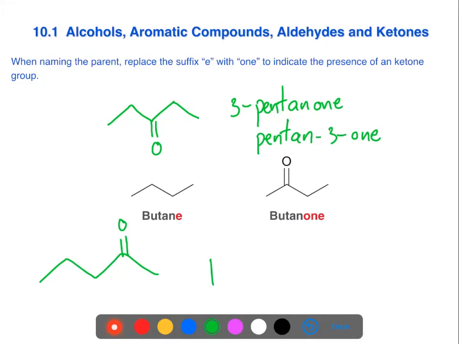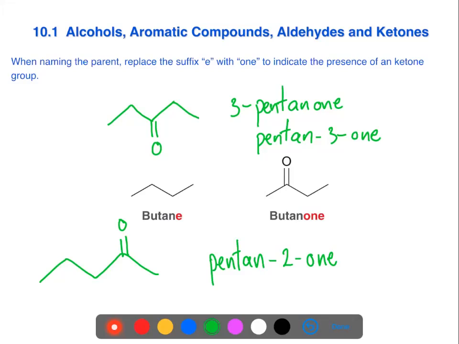So we could have a pentan-2-one. So here you see you have constitutional isomers for the ketone when you have a carbon chain that's greater than 4.